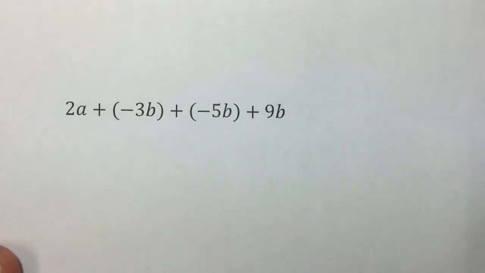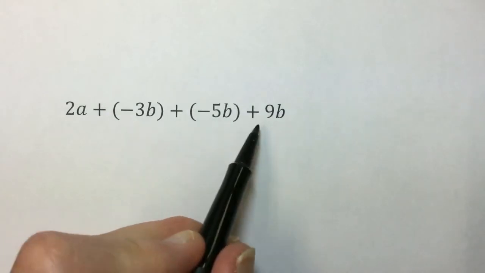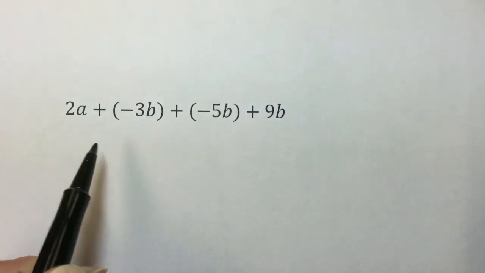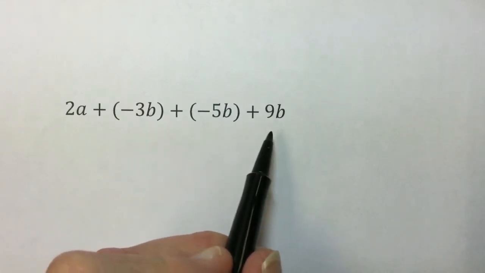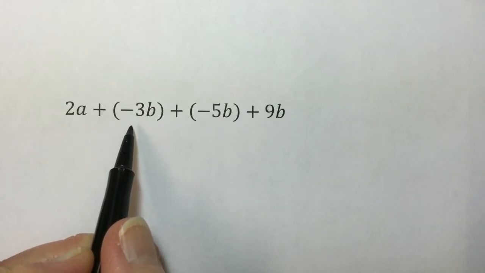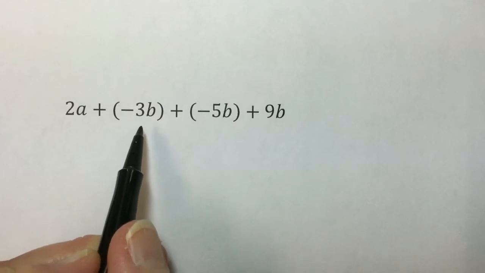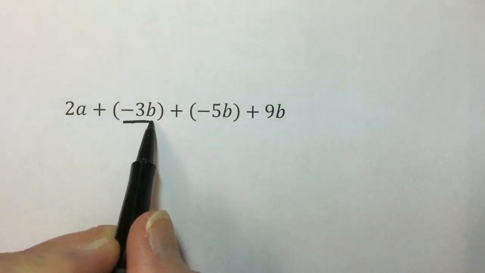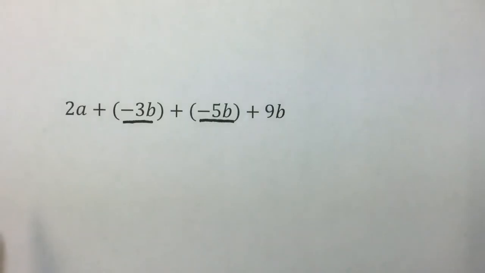In this last example, we are going to combine like terms. There is no other term to combine with the 2a, but we have three terms that are all similar. Since this is addition, they can be added in any order, but oftentimes it's easier to add like signed numbers together first, and as it turns out, these first two terms with b in them are both negative.